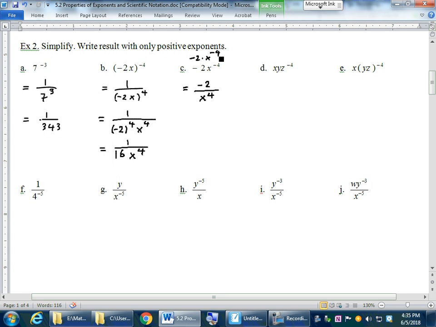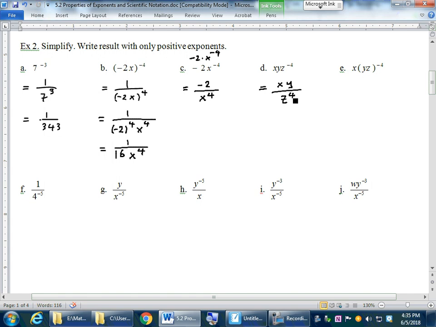When you change that negative exponent to positive, the x goes down to the denominator. Similarly, example D, I can write this with the positive exponent, which is x times y over z to the 4th power, because the exponent negative 4 is only for z.